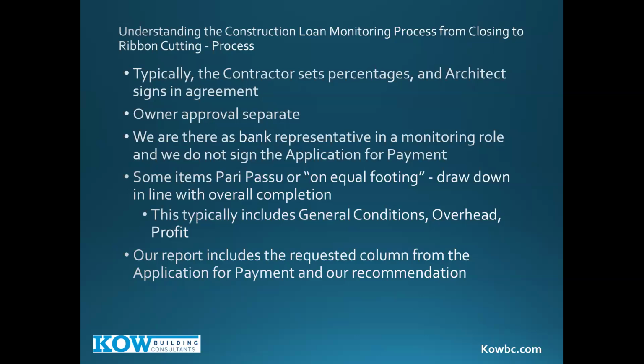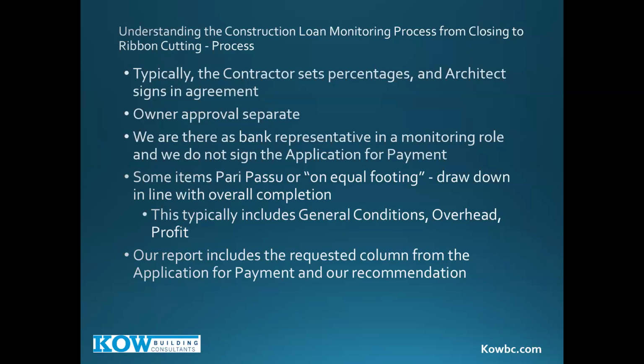Most projects have line items that will draw down in line with overall completion. For example, they say windows are 50% done. We look at the front and one side, and it's a box building, and the windows are installed. That's a good number. Some are pari passu, or on equal footing. They draw down in line with overall completion.